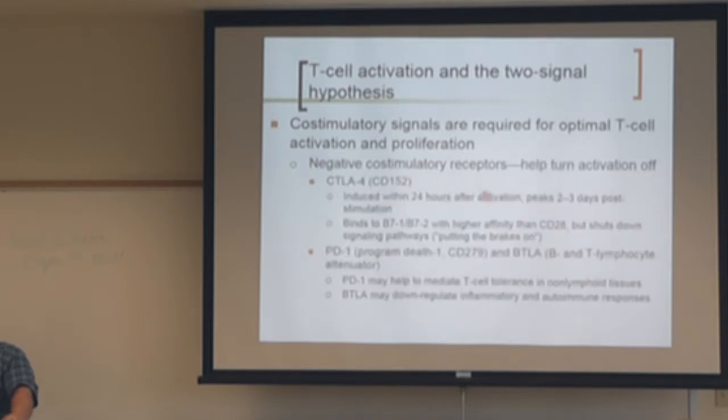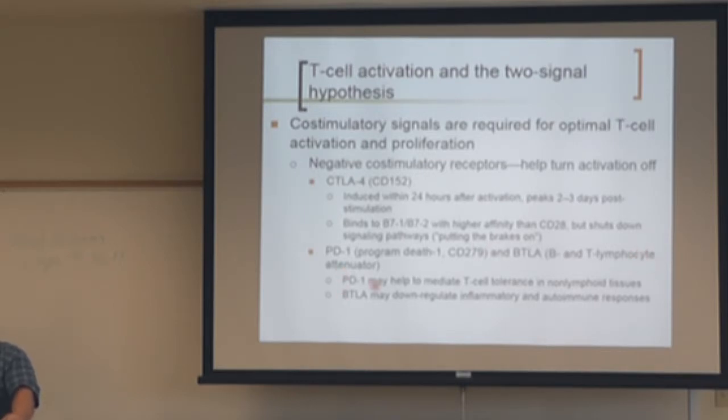Again, this is just covering what I talked about. Induced within 24 hours, peaks around 2 to 3 days. CTLA4 binds to B7.1 and B7.2 with higher affinity than CD28, but it shuts down that signaling pathway. Okay, it puts the brakes on.